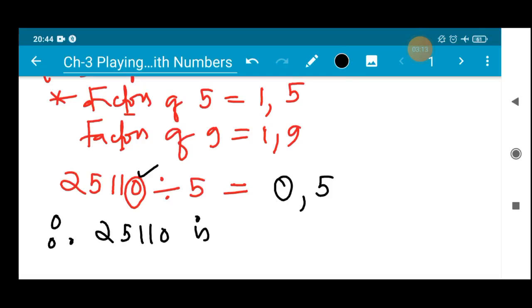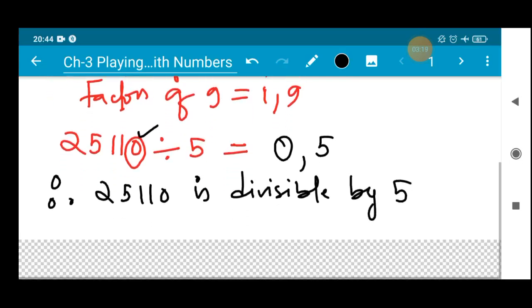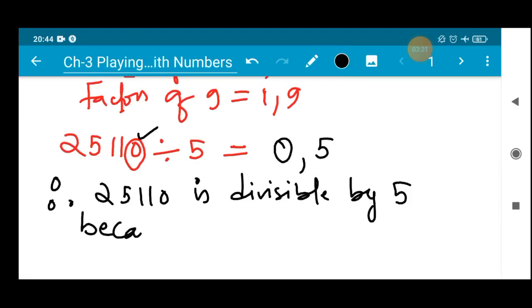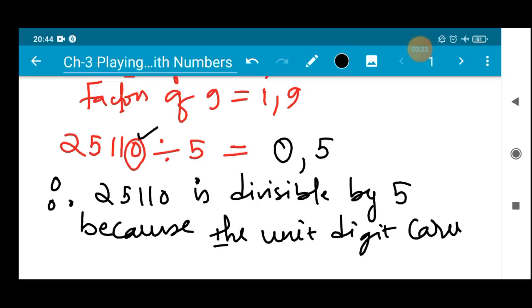25110 is divisible by 5. Why? Because the unit digit carries 0.